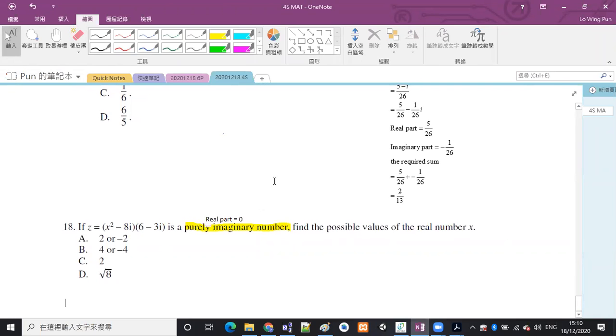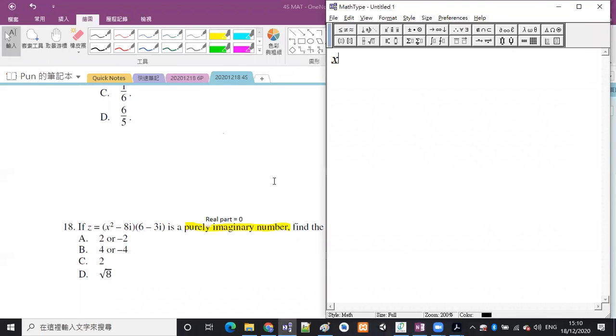So Z is equal to x squared minus 8i times 6 minus 3i. What you need to do is to expand the brackets. 6x squared minus 3x squared i minus 48i plus 24i squared, and change the i squared to be -1. 6x squared minus 3x squared i minus 48i minus 24.